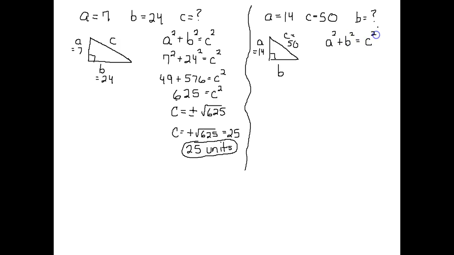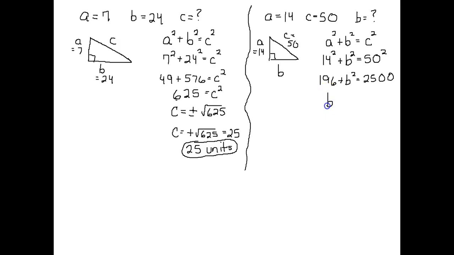A squared plus B squared equals C squared. So I've got 14 squared plus, this time B is my unknown, so I have to keep that as B. I can't plug in 50 there because 50 is the hypotenuse. 50 gets to go over to C. Okay, so 14 squared is 196 plus B squared equals 50 squared, 25 with 2 zeros.